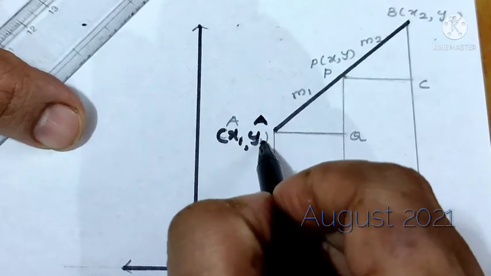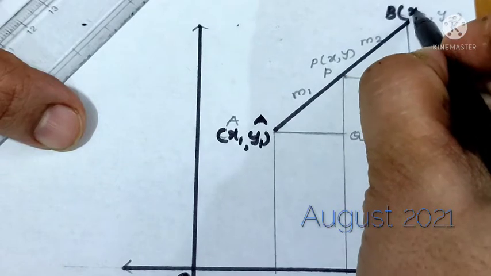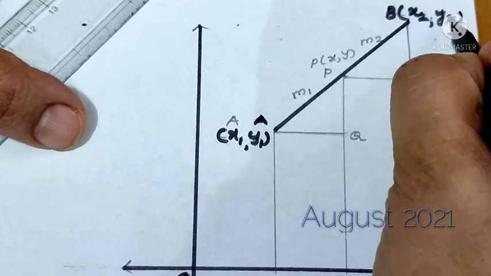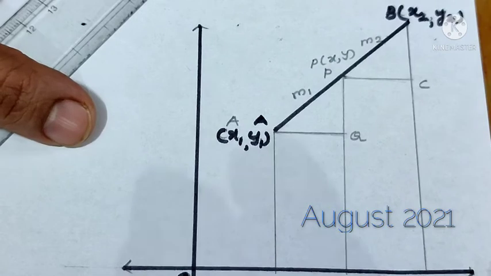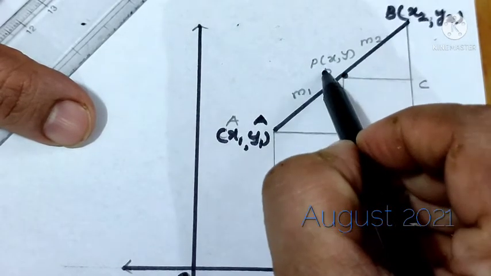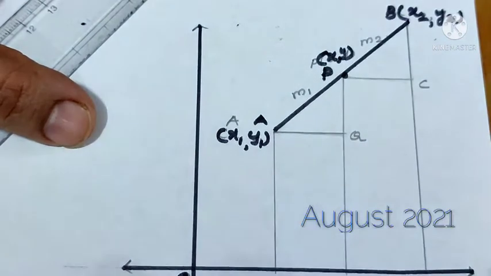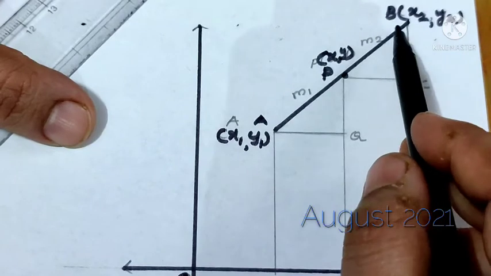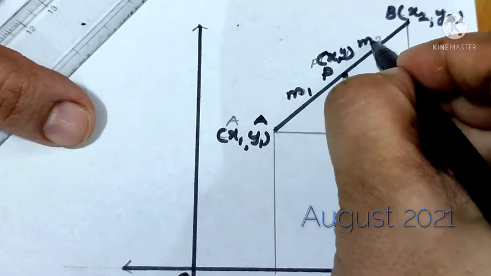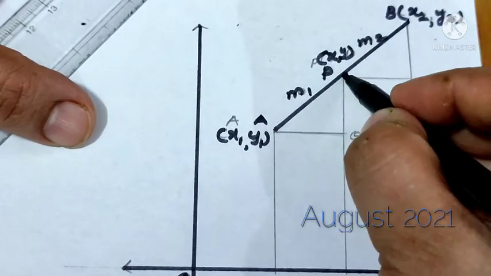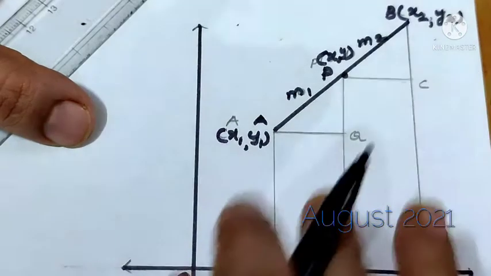Now it is given that the line is divided internally, means inside one point is there, that is P. Its coordinate is (x, y). So P divides the line AB in the ratio m1 and m2. So on this side AP the ratio is m1, PB the ratio is m2. This is the question given.